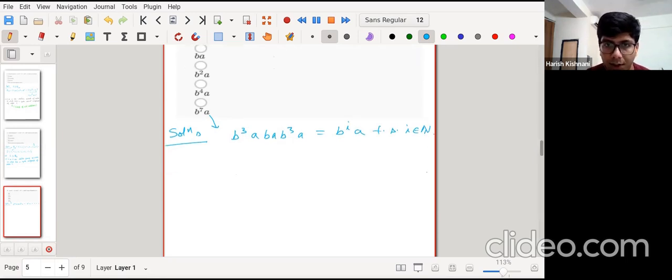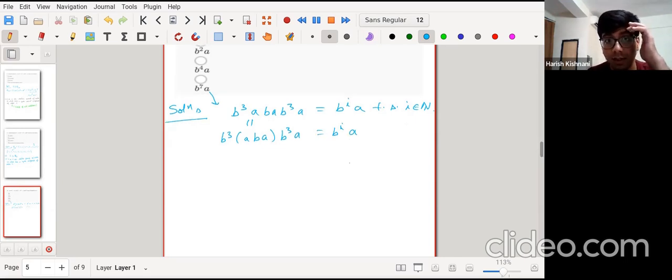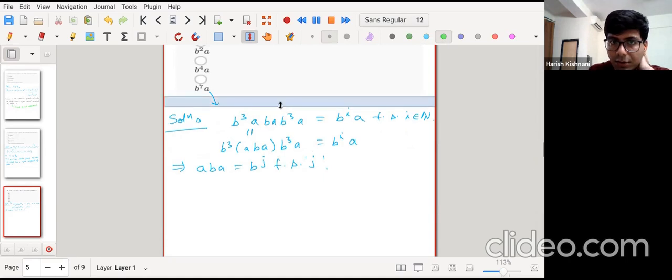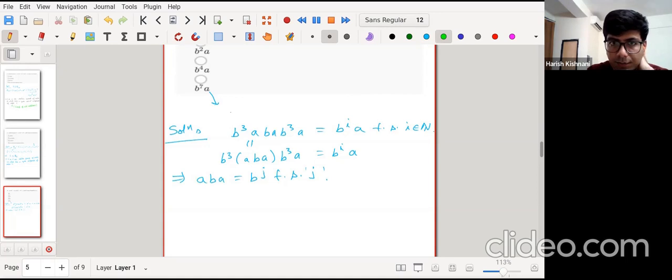This can also be written as b times b square, or b cube times aba. b cube a is the same as your b^i a. So this implies that your aba has to be some power of b. This is just a hint. You all agree?